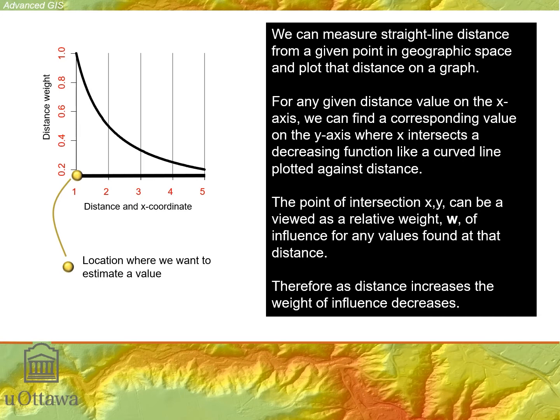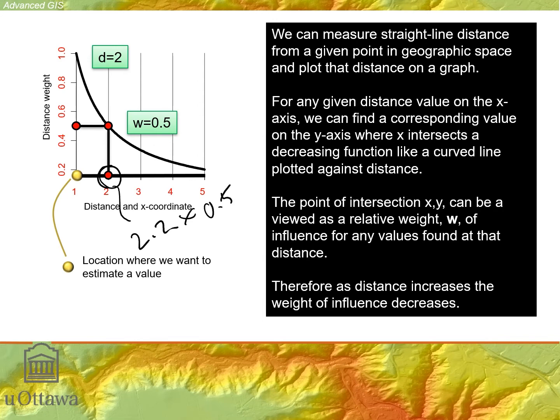Whereas if we move, let's say, over here to distance 2 away from the location we want to estimate, then the relative weight would be 0.5. So if we had a value here that we observed within this space, maybe it's 2.2, for example, well, it would be 2.2 times 0.5 that would influence the estimate going here, because it's further away.